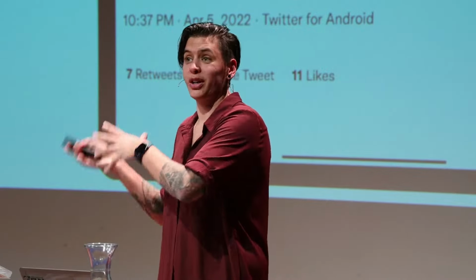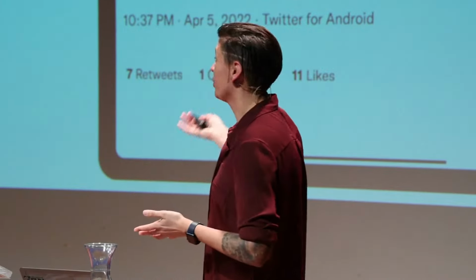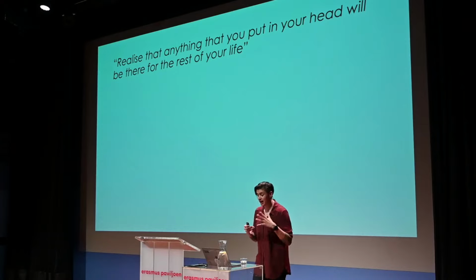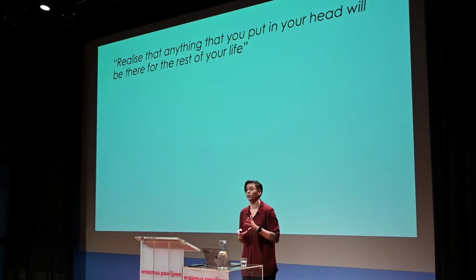So I want to give you some tips, even also if you're not interested in maybe researching Ukraine, but you do like open source research. This is a quote from my colleague, and I think it's very important. Realize that anything that you put in your head will be there for the rest of your life.